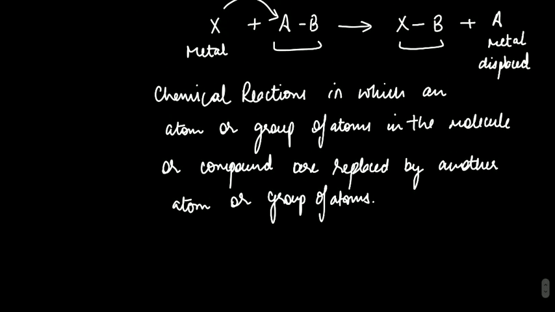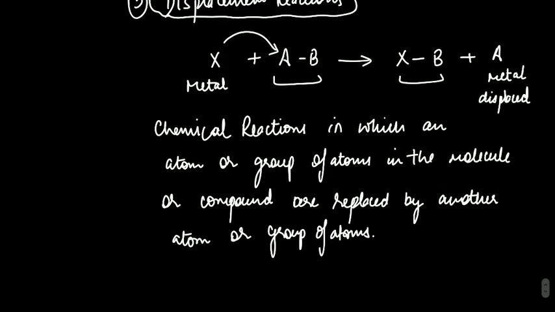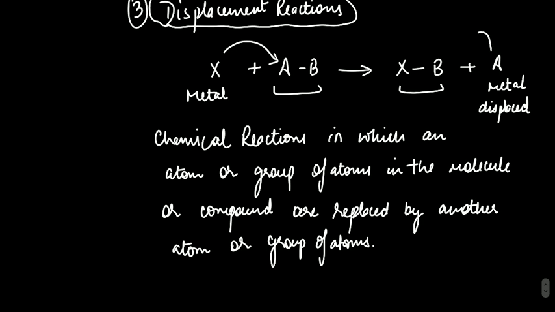That is what we call a displacement reaction. So A is the metal displaced, and we can even say this is a leaving group.